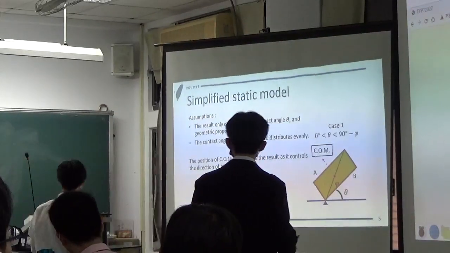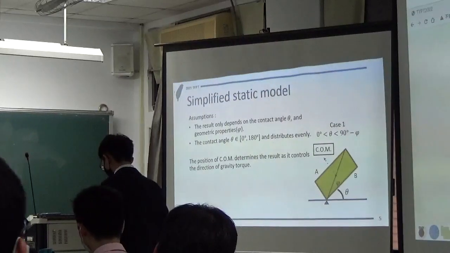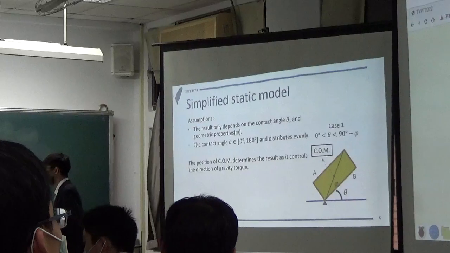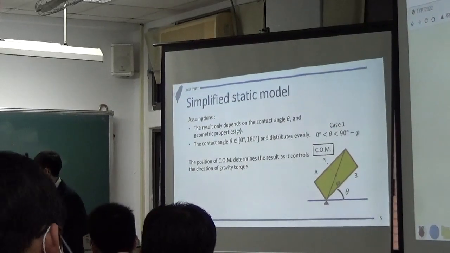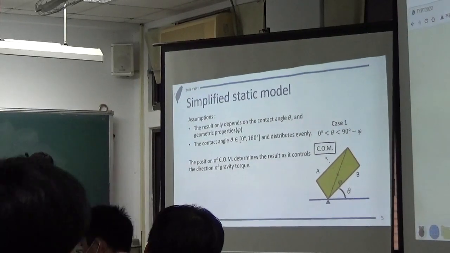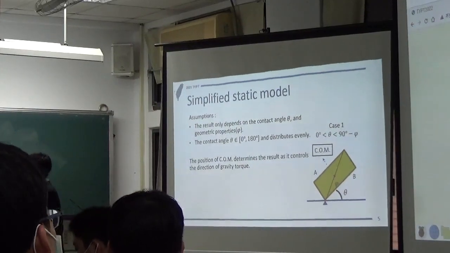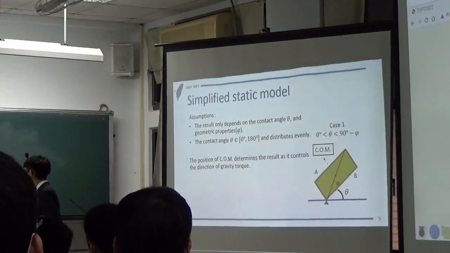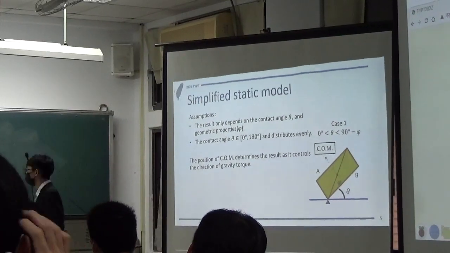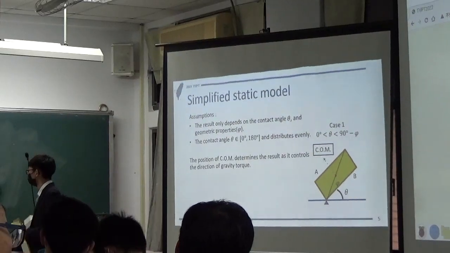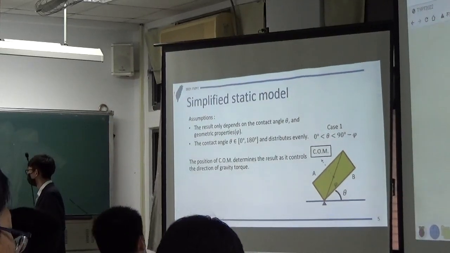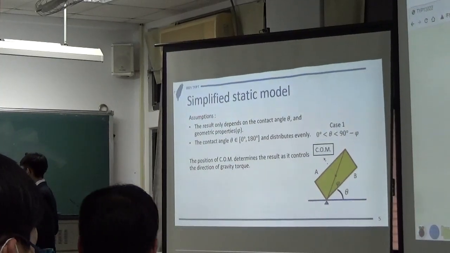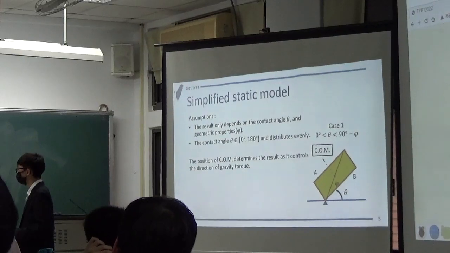So I think the possibility of my dropping angle is distributed evenly, right?